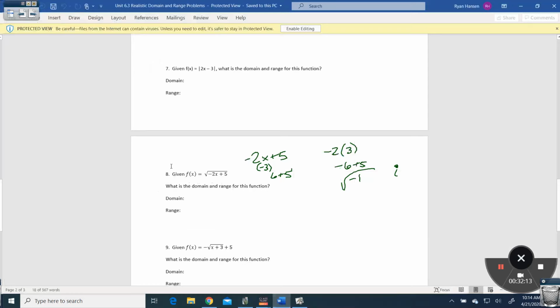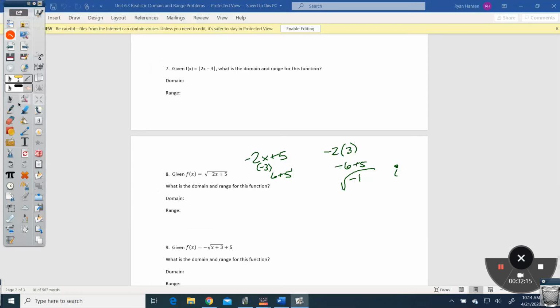So when I look at question number 8, what is the domain and range for this function? It's all numbers less than or equal to 2.5. So all real numbers less than or equal to 2.5.